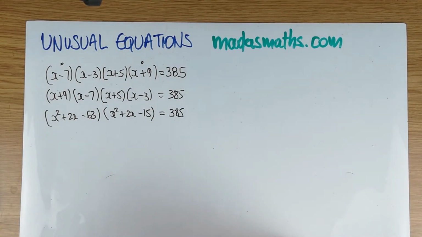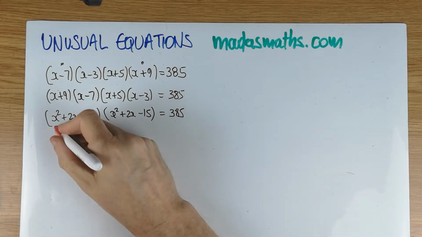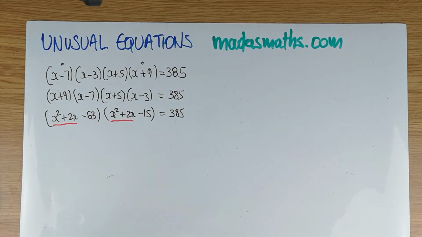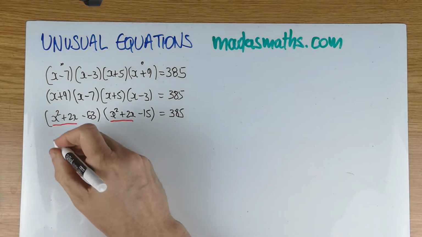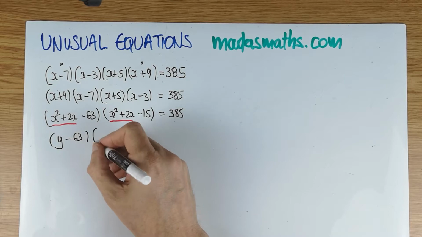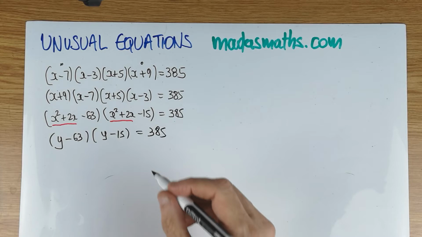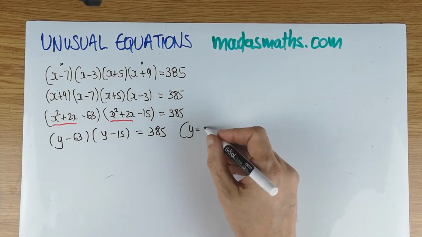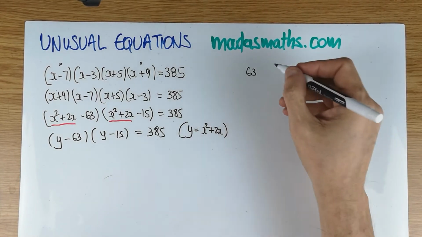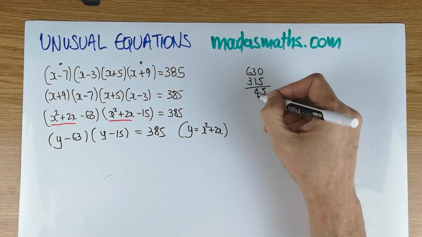And have we made progress? The answer is yes, because if you look at this expression now, we've got an x squared plus 2x and an x squared plus 2x in the other bracket. So we can say, okay, y minus 63 multiplying y minus 15 is equal to 385, where y is x squared plus 2x. Now 63 times 15 is 630 plus 315, half of that, 945.